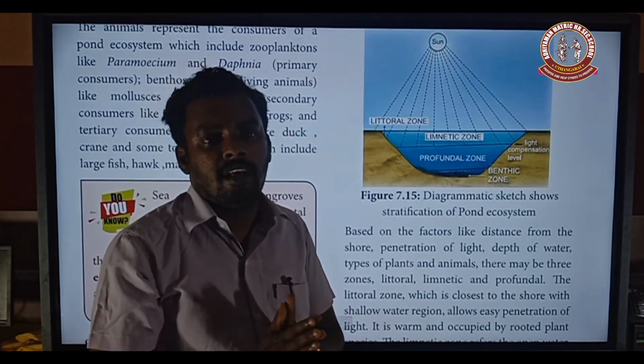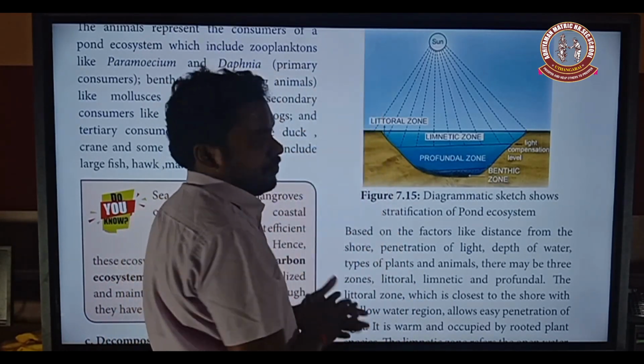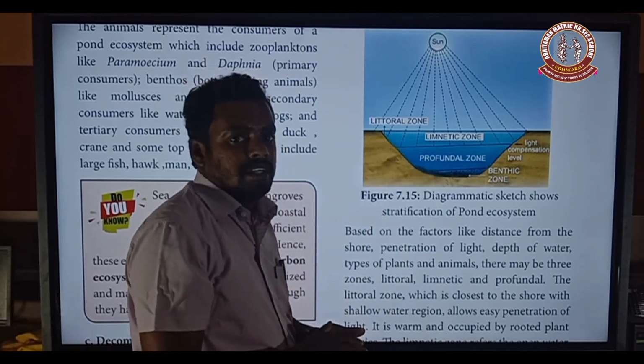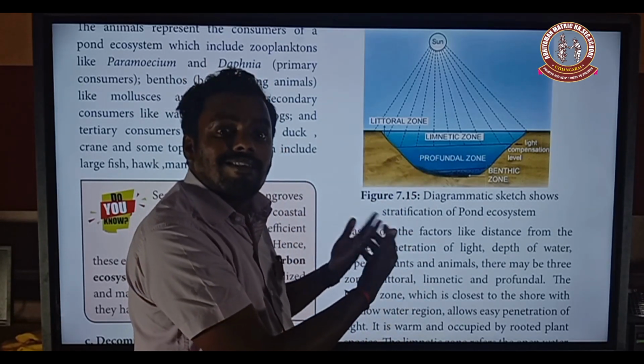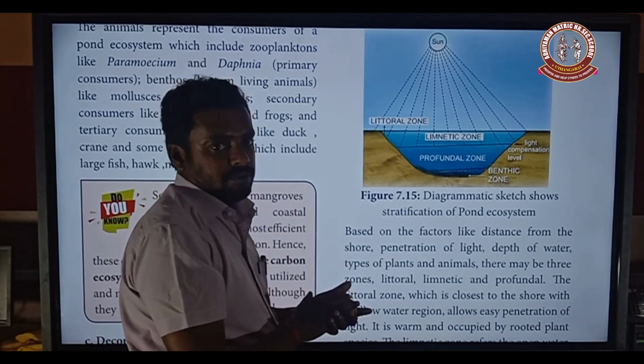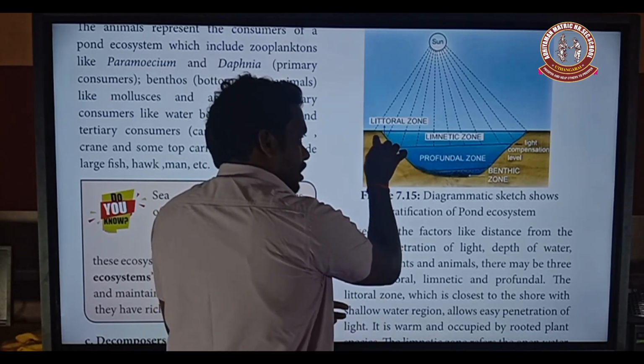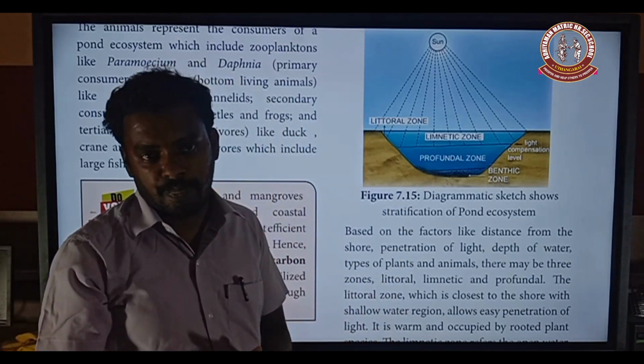So first, let us discuss the first zone, the littoral zone. If you look at the diagram, you can easily tell the answer. The first one is the littoral zone. The littoral zone is near to the shore region. That is the first zone.